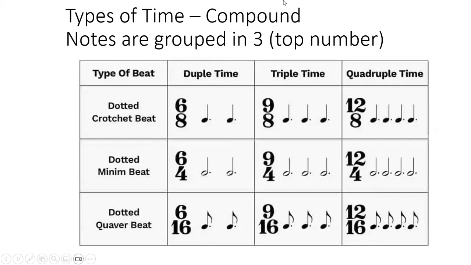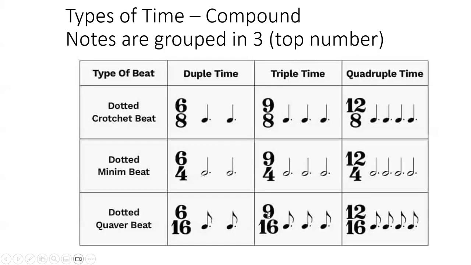We were looking for whether the notes are grouped in 3s or 2s. So compound or simple time, you're dividing the top number by 3. Is it divisible by 3? Yes, then it's compound. If it's not divisible by 3, is it divisible by 2? Then it's simple time. And if it's not divisible, say if it was 7/8, then it would become an irregular time signature, which we'll do in a second.